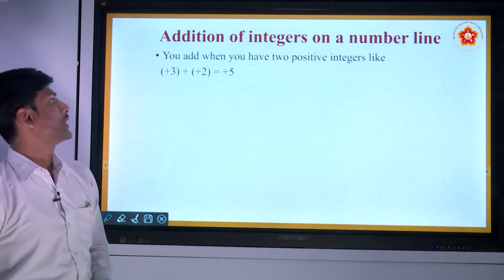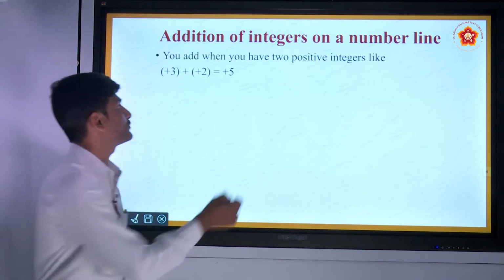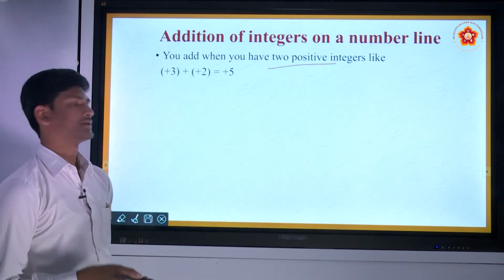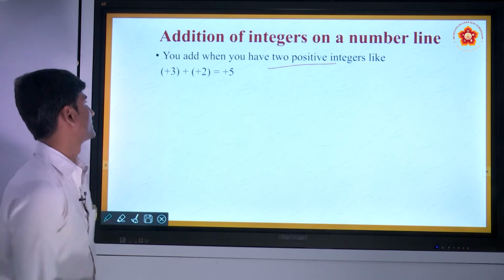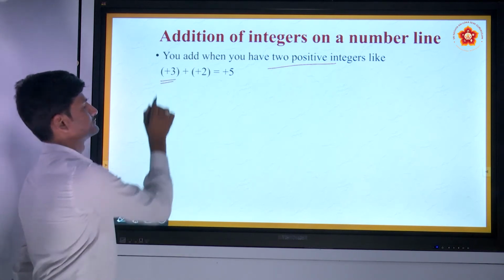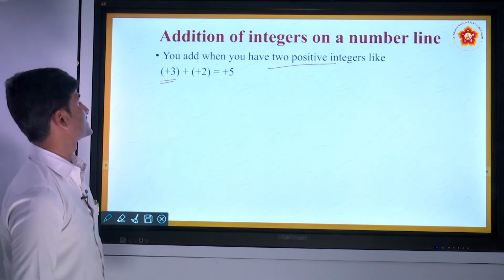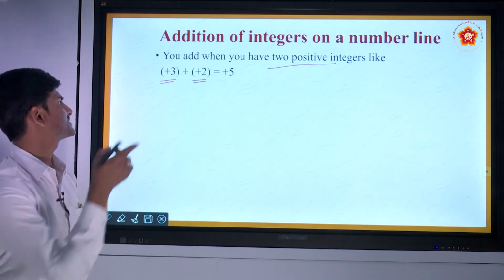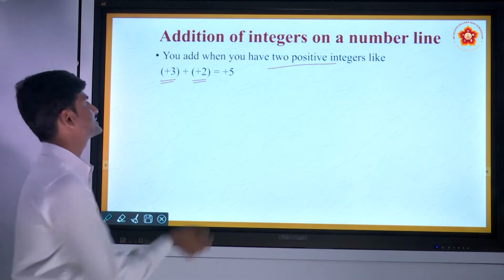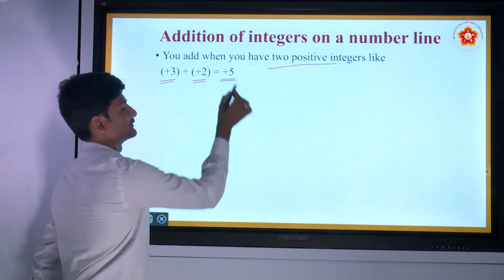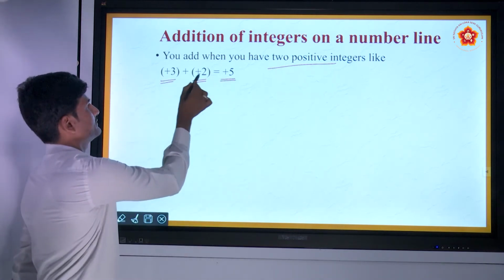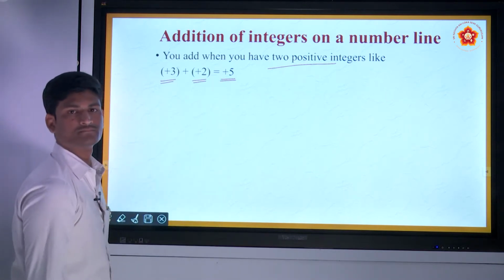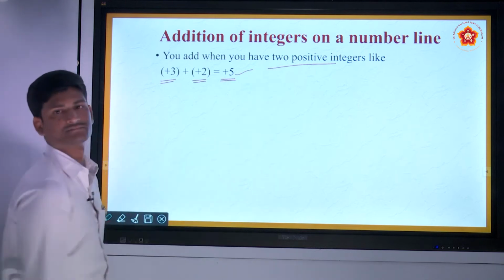When you have two positive integers, the answer will also be a positive integer, right? Here I take plus 3 and plus 2. These are two positive integers. Plus 3 plus 2 is equal to plus 5. The answer is also a positive integer.